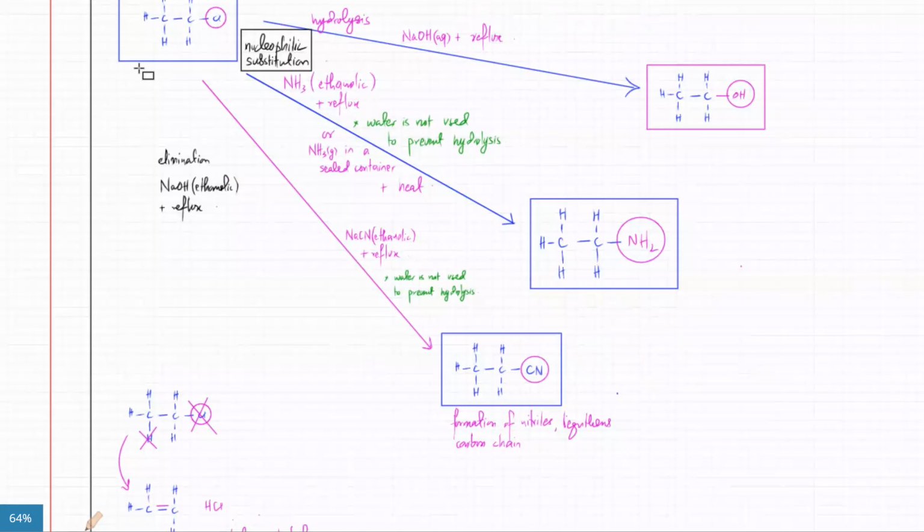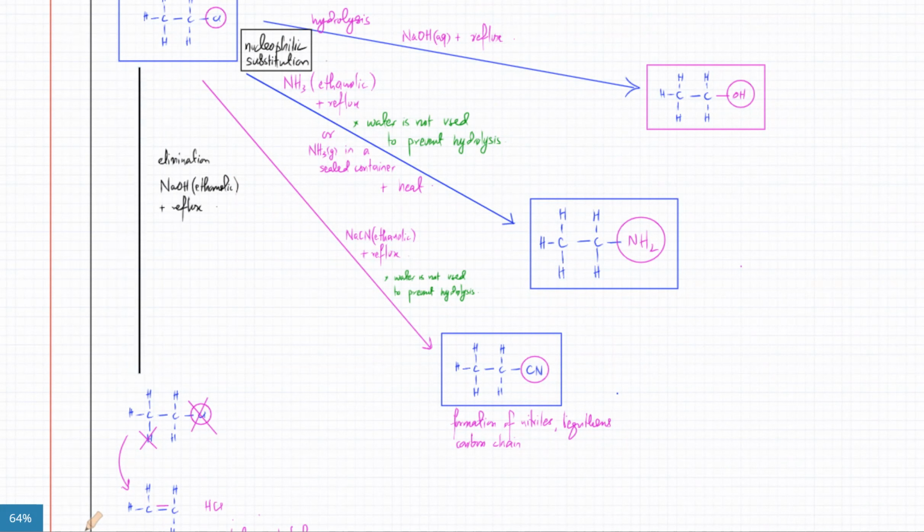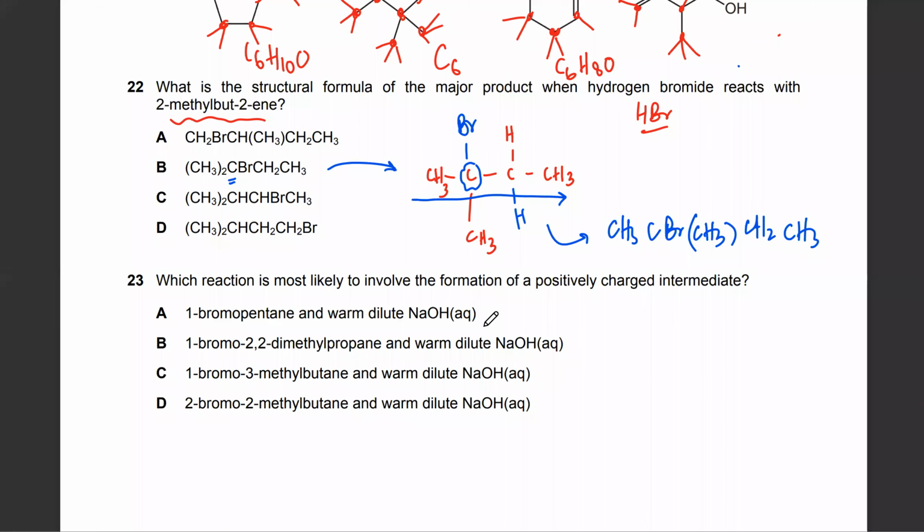Okay, now the next question is, let's go back to the question. What was the question? The question was about the mechanism of the reaction, specifically the mechanism of these nucleophilic substitution reactions. He's saying which reaction is most likely to involve the formation of a positively charged intermediate.